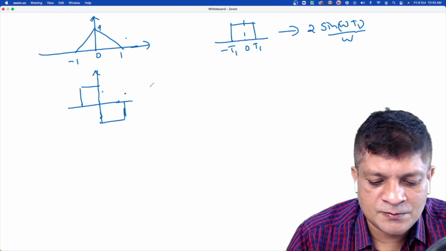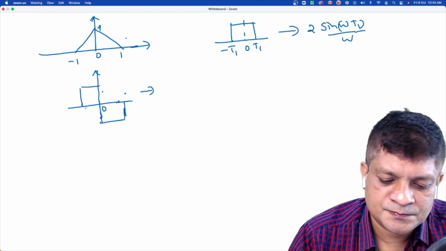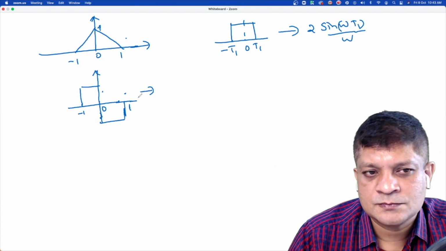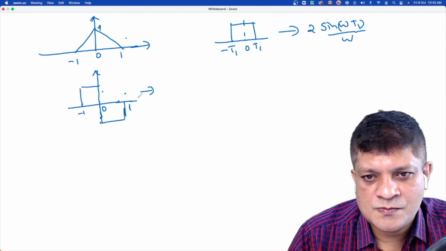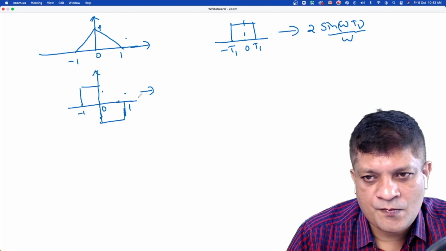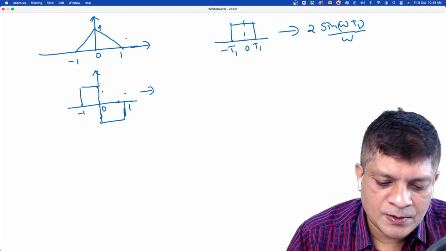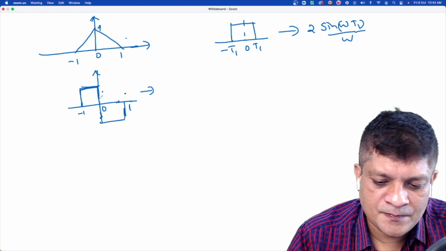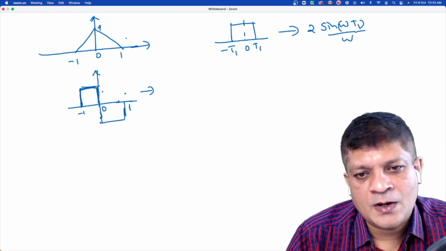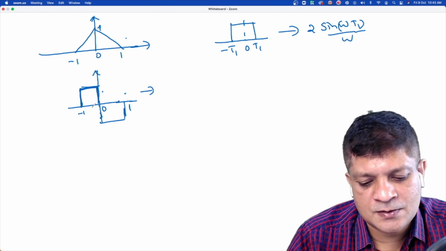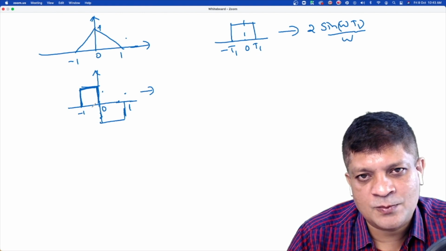Now tell me, what is the Fourier transform of this? What is the Fourier transform of this part? A rectangular pulse shifted left by how much?